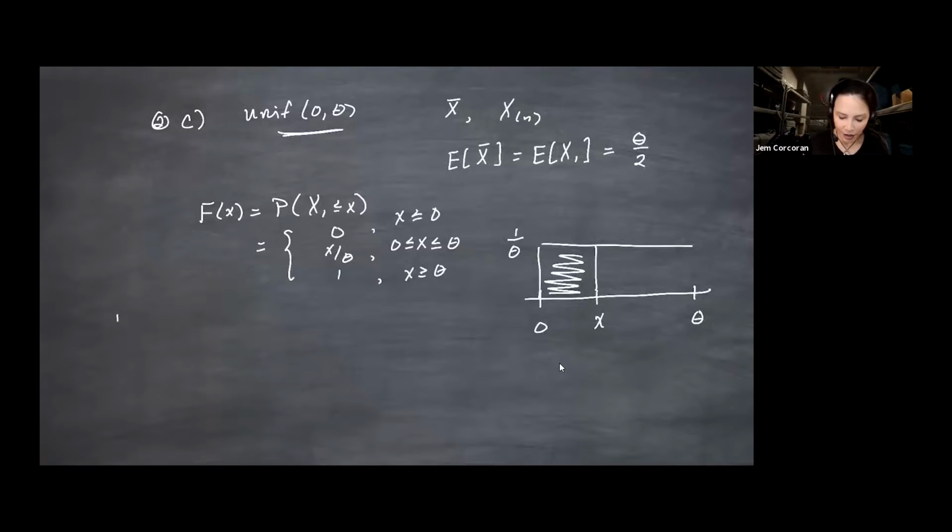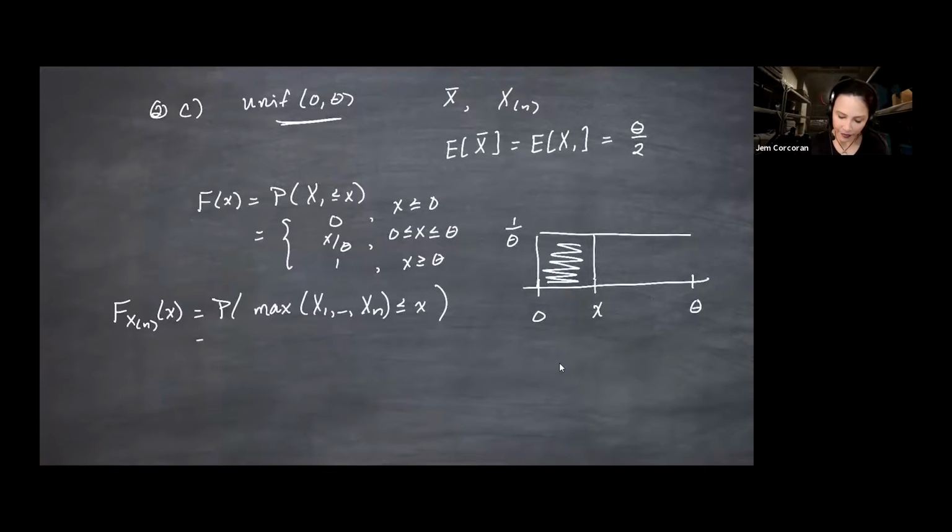Okay, so we know that the CDF for the maximum is the probability that the max of x1 through xn is less than or equal to x, and if you draw your number line, this means that they're all less than or equal to x.